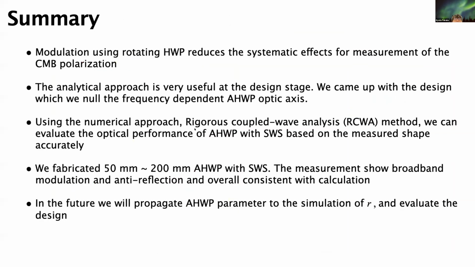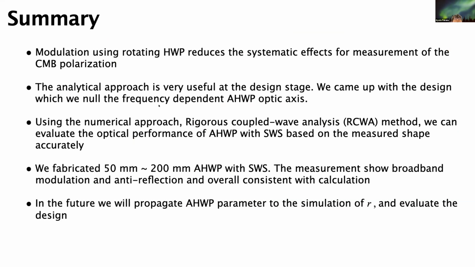Okay, this is a summary. The modulation using the rotating half-wave plate is important to reduce the systematic effects. For the modeling of the half-wave plate, the analytical approach is very useful to design the optical axis of the half-wave plate.